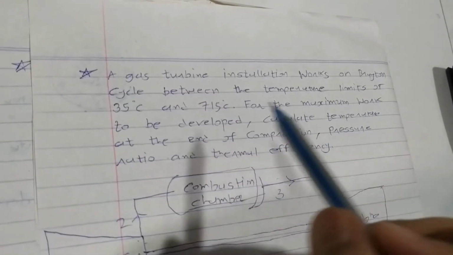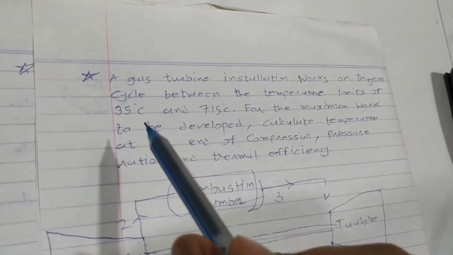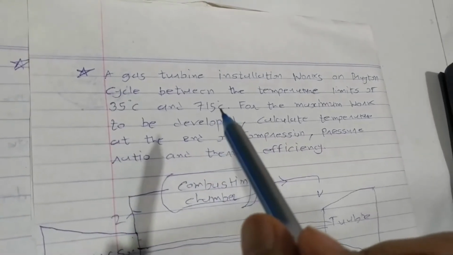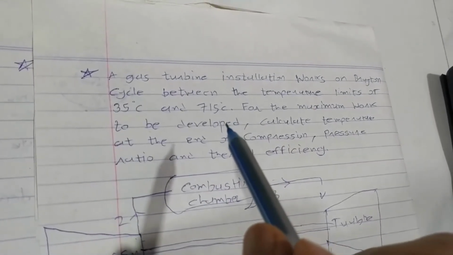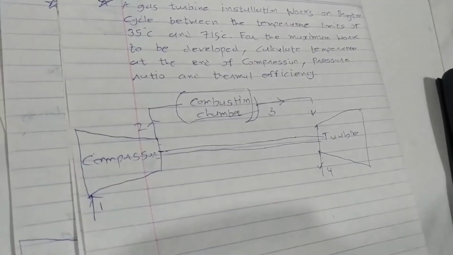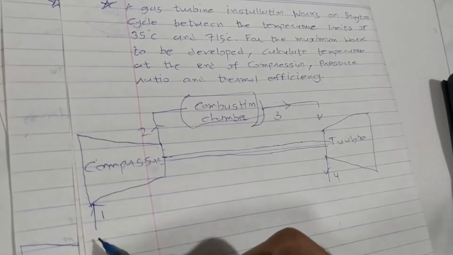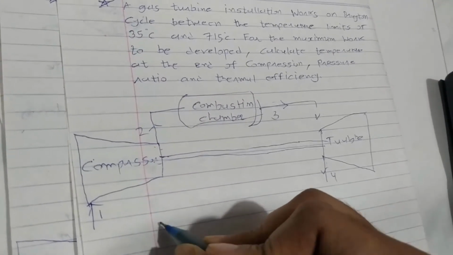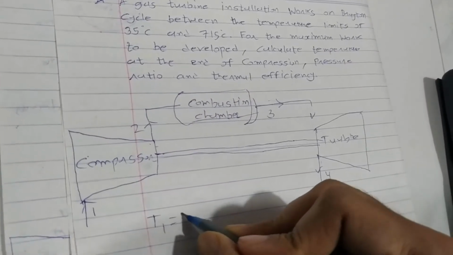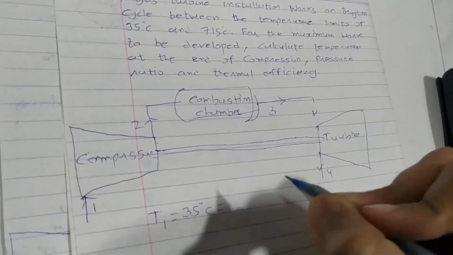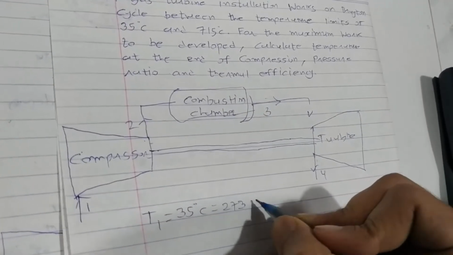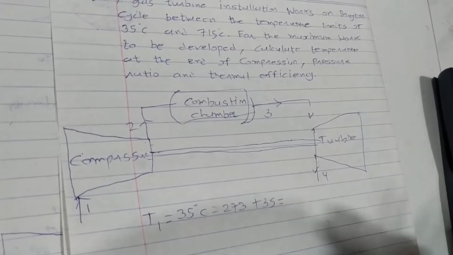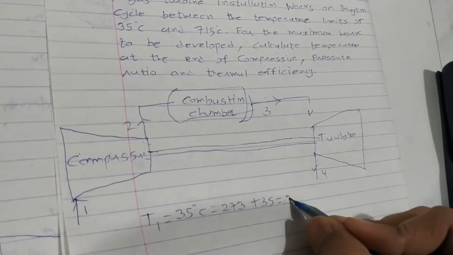So what is the temperature limit? 35 degrees Celsius is the lowest temperature and 715 degrees Celsius is the highest temperature. The temperature from the atmosphere in the compressor is always lowest, so T1 will be 35 degrees Celsius. I will convert it into Kelvin, which will be 308 Kelvin.